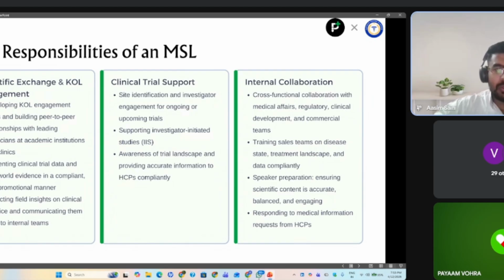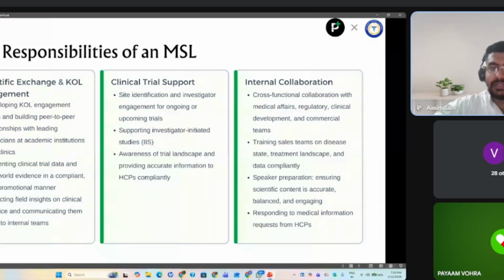They can visit the site, identify it, and tell the investigator, like a senior doctor, why our trial is best, why you are best for us, why we identified this site, because it is up to the mark and we can get the patients as well. It's not free of cost; the company provides the money to the principal investigators. Every single penny is compensated by the sponsor company in the clinical trial, so they have to manage all these things, financially and clinically.